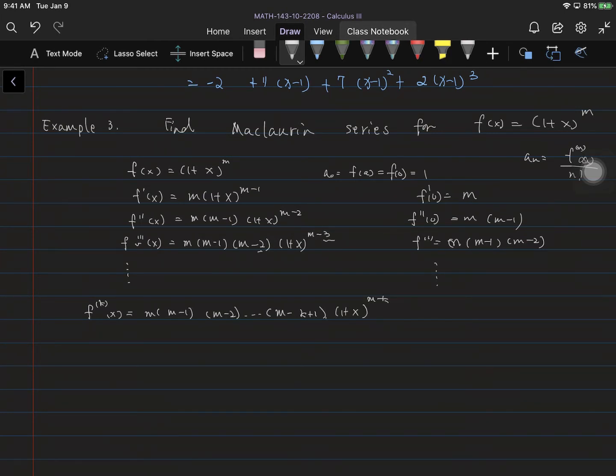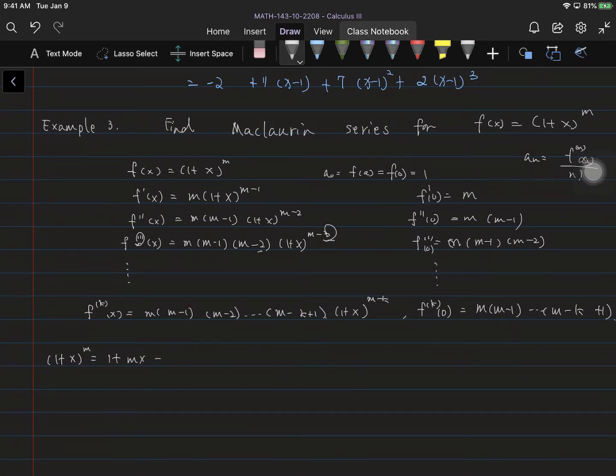If you look at here, they are the same, right?